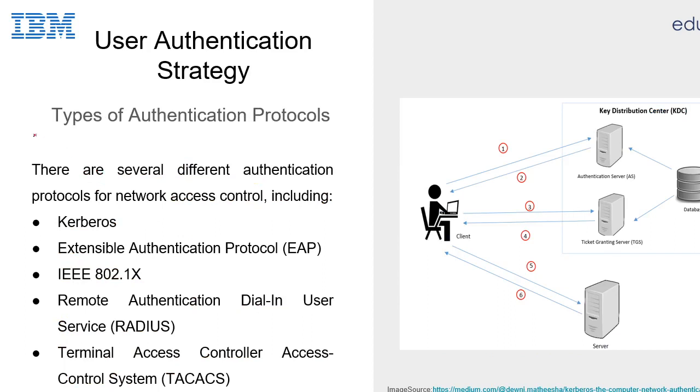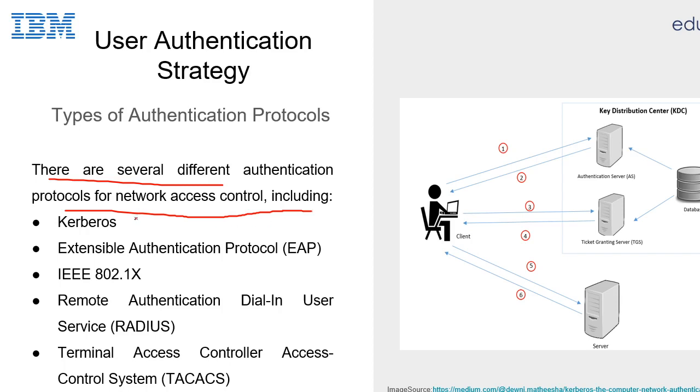So here are the different types of authentication protocols used for different needs in a network. There are several different authentication protocols for network access control. So in computer networks, to get network access control, there are different types of protocols used.